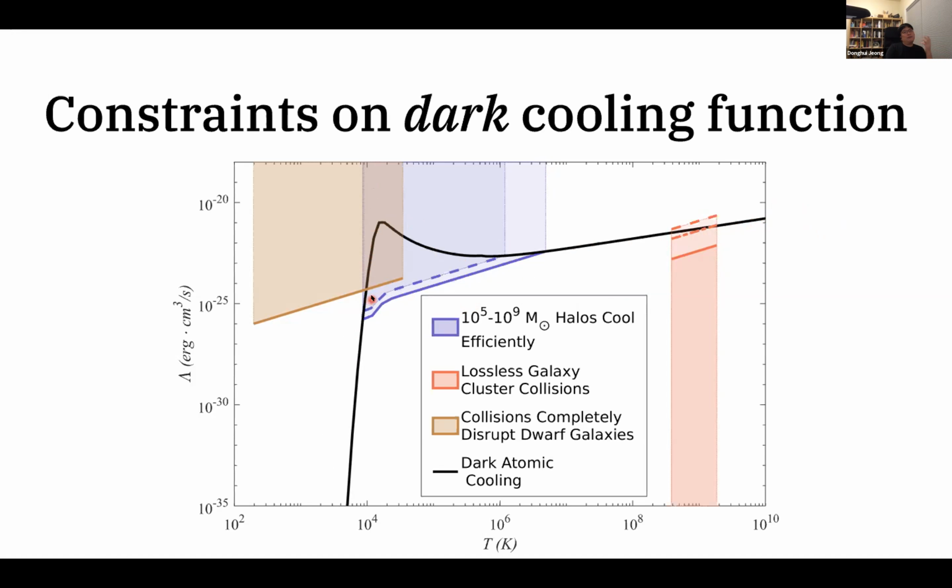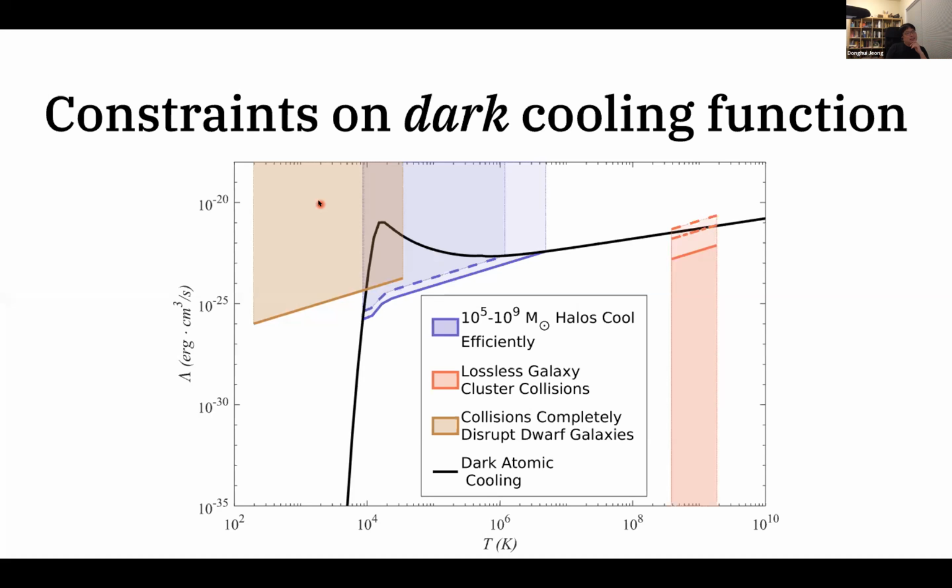And then dark matter has this nice feature, but we don't allow too frequent interaction or too much scattering of dark matter. For example, the Bullet Cluster constraint must be satisfied, and here the reddish region shows that constraint. Depending on the parameters that we assume for the Bullet Cluster collision, it can be satisfied. Also on small scales, the brown region is where, if the scattering of dark matter is so frequent, then any collision will completely disrupt the dwarf galaxy.